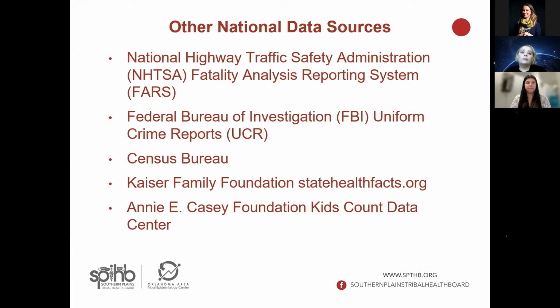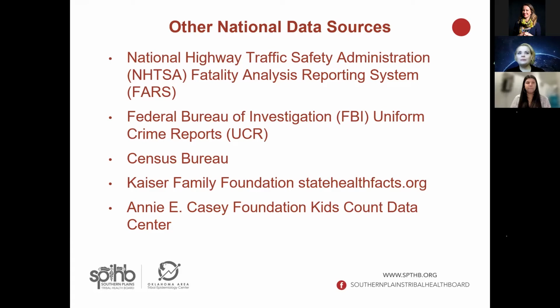Then another really good database is the Uniform Crime Reports. With FARS and UCR, I use both for reporting for SAMHSA. If any of you have SAMHSA grants, you may be familiar with that. Then there's also the Census Bureau. When you're doing your needs assessment, you'll probably need information on population, poverty or income, education, household size, things like that, and the Census Bureau is really great for that.